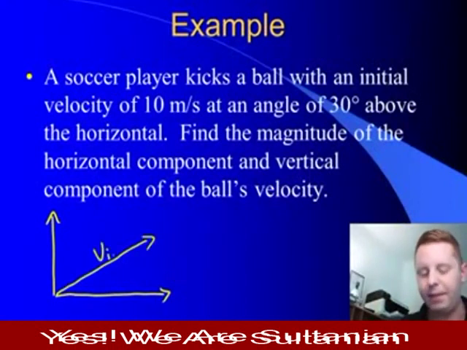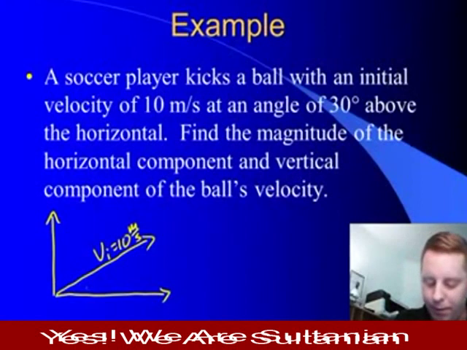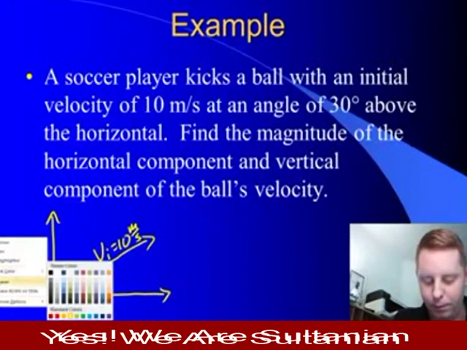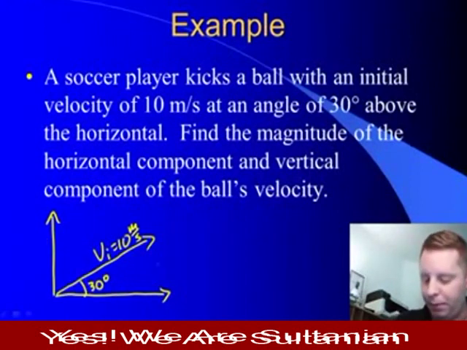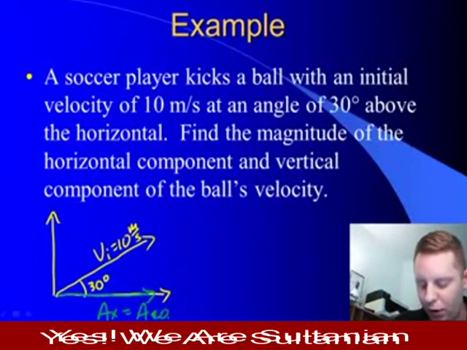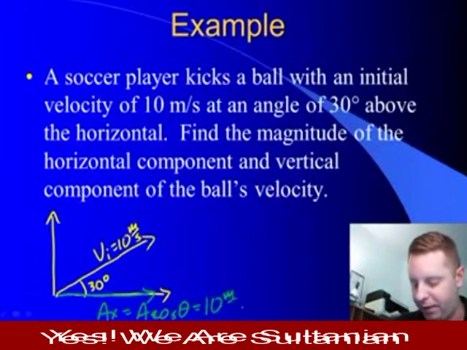We'll call that vi for initial velocity, which has a magnitude of 10 meters per second, and it's at an angle of 30 degrees above the horizontal. We want to find its horizontal and vertical components. Well, to find its horizontal component here, Ax, that's going to be A cos theta, or 10 meters per second.